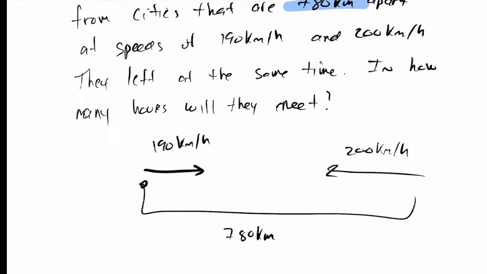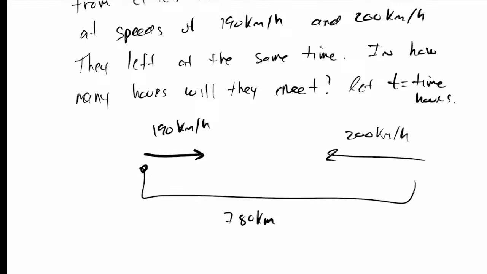But if you let t be time, I don't think I'll ask this on the test, actually. I'm going to let t be time in hours. So maybe I shouldn't have asked it. If you let t be time in hours, you know that this plane here is traveling 190t. That's the distance.